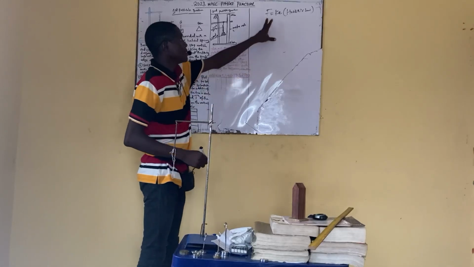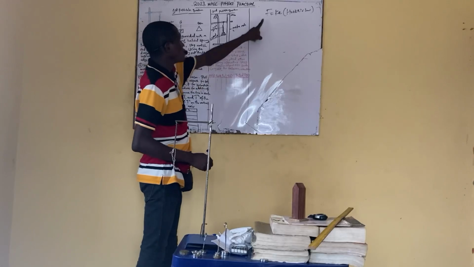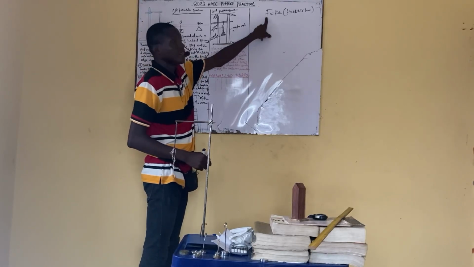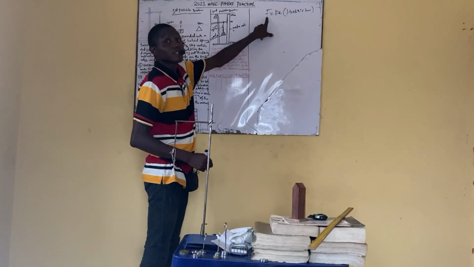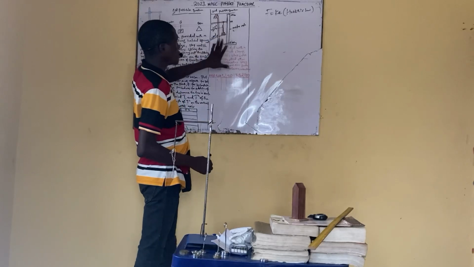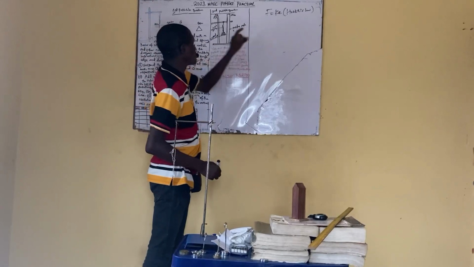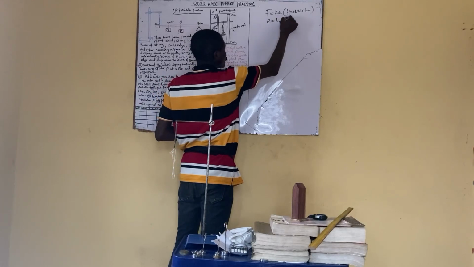In Hooke's law, the mass represents the force here. This force here is represented by the mass, which is the load. Now, when we add the load, there is an extension, which is L2 minus L1.